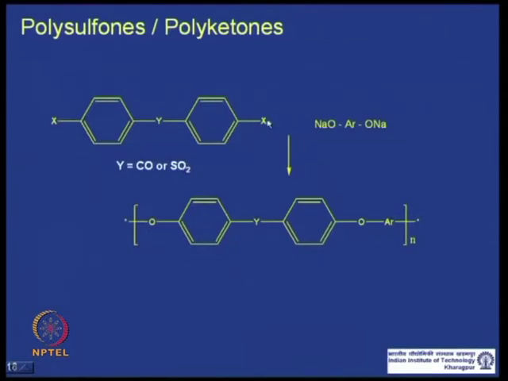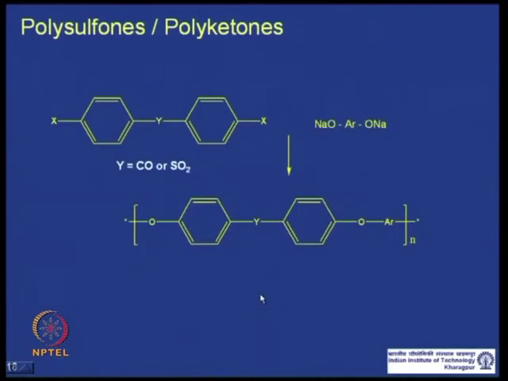Now, typically these aromatic halides are not very reactive towards nucleophilic substitution reaction, but because you have a strong electron withdrawing group present here, CO or SO2, this becomes more reactive towards nucleophilic substitution. So, you can carry out the reaction with the salt of phenolate ion, and you can make polymers like this.